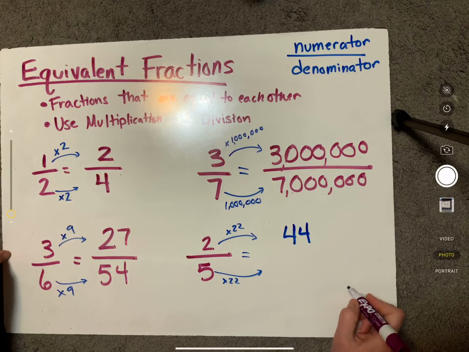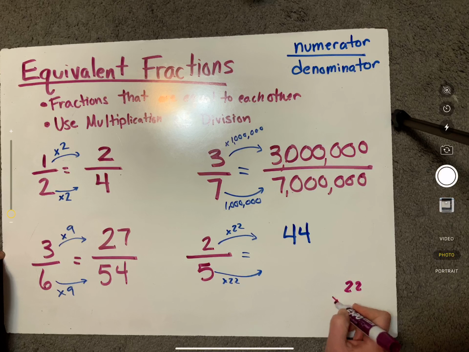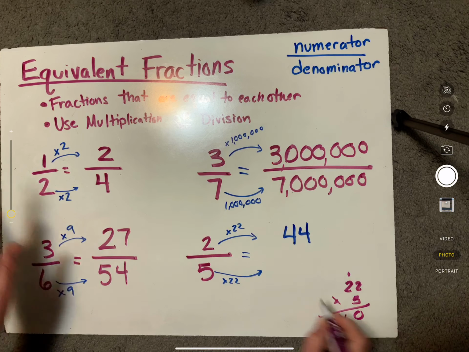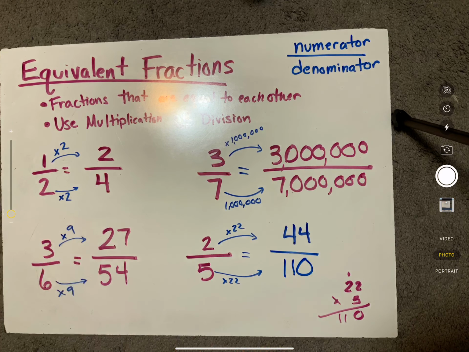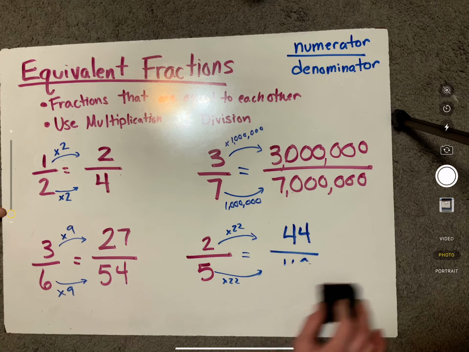And then 5 times 22, we can even do a little bit of side math down here if you're not sure. 2 times 5 is 10, carry the 1. 2 times 5 is 10 plus 1 is 11. So we would get 44 over 110. All of these are equivalent fractions because I multiplied the numerator and denominator by the same thing. Okay, so let's do a couple of division problems.